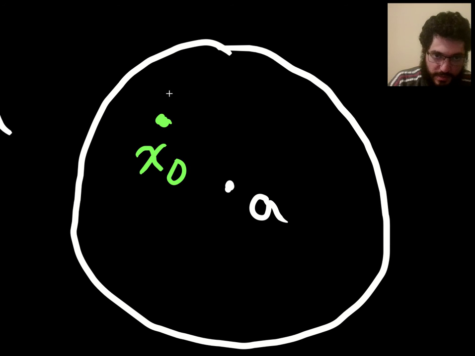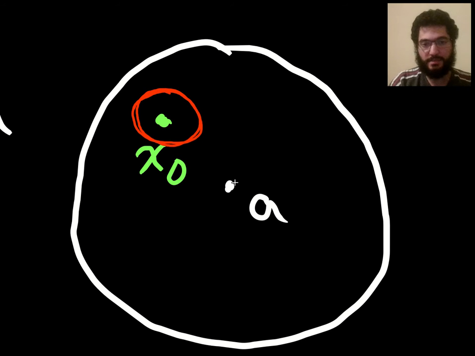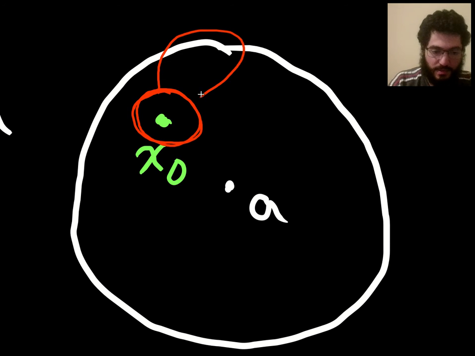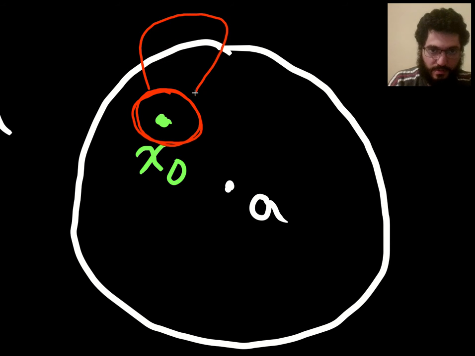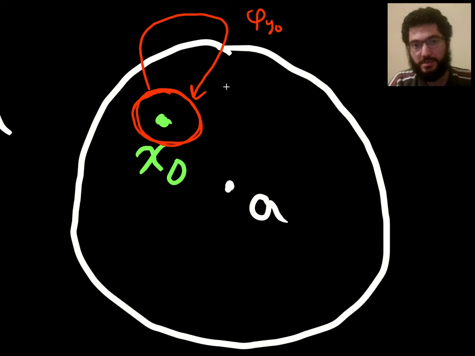What we're going to do is come up with a ball like this, centered at x naught. We're going to make the ball small enough that phi sub y naught will end up being a map from this ball into itself.